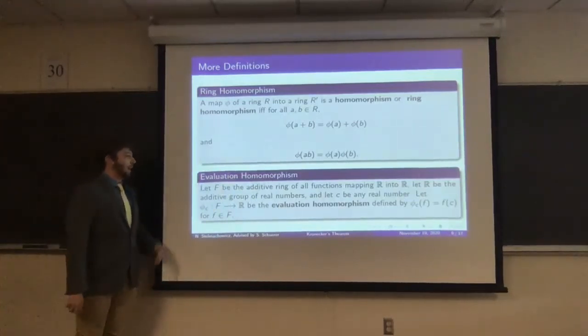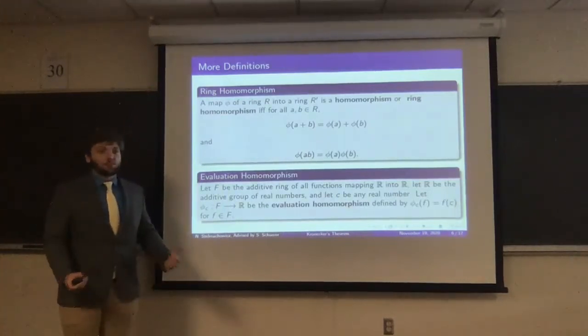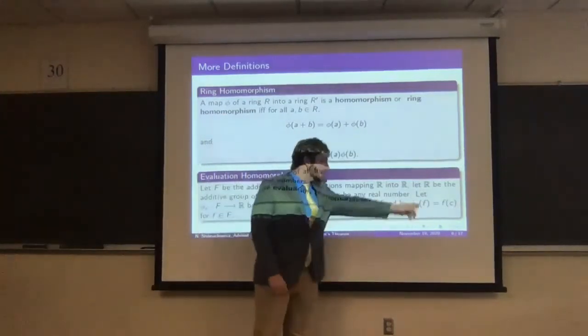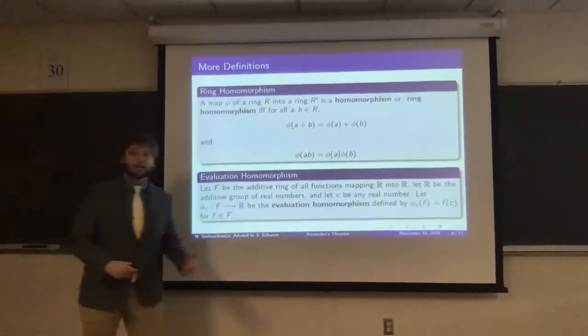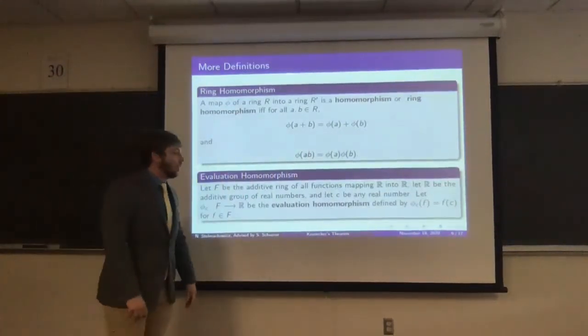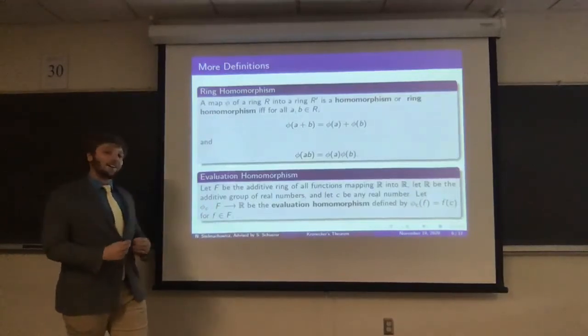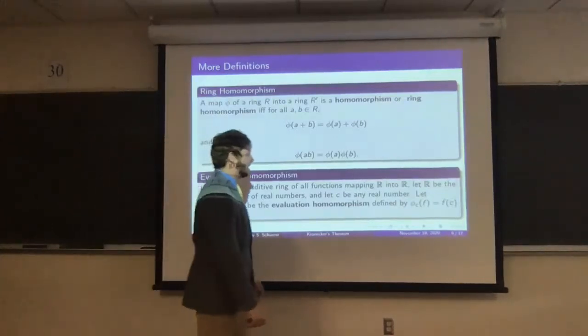On from there, we have the evaluation homomorphism, which is basically something that we have been doing since middle school. As you can see over here, I have f of c, which looks a lot like f of x, f of y, f of z, all that kind of stuff. And this is just the formal definition of plugging a number into a function and evaluating the function at that number.